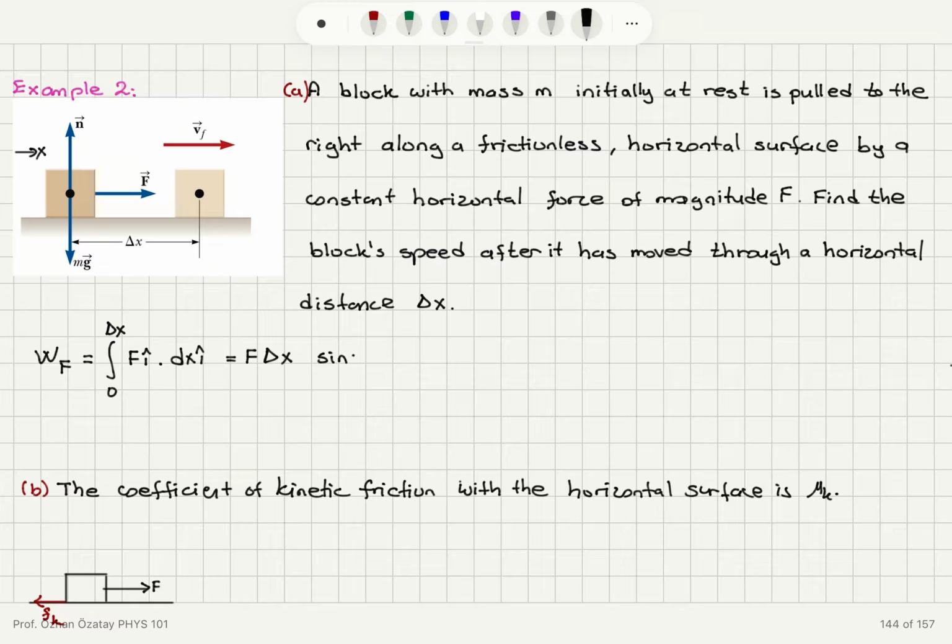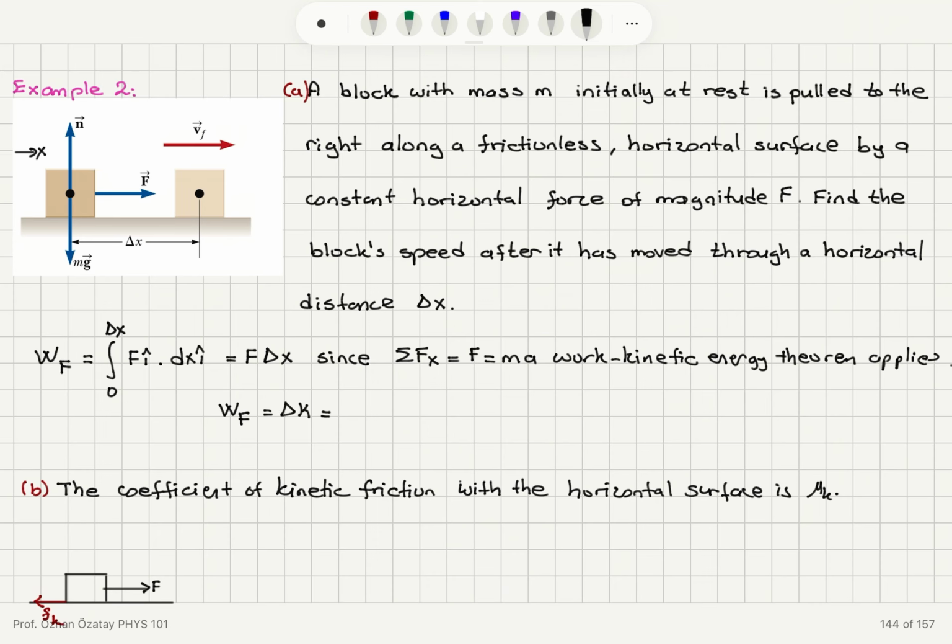Now I find that the net force acting on the x-axis is F, which is equal to mass times acceleration. So I can use the work kinetic energy theorem. The work kinetic energy theorem applies, and what does it tell us? The work done by this force F is the change in the kinetic energy of the system.